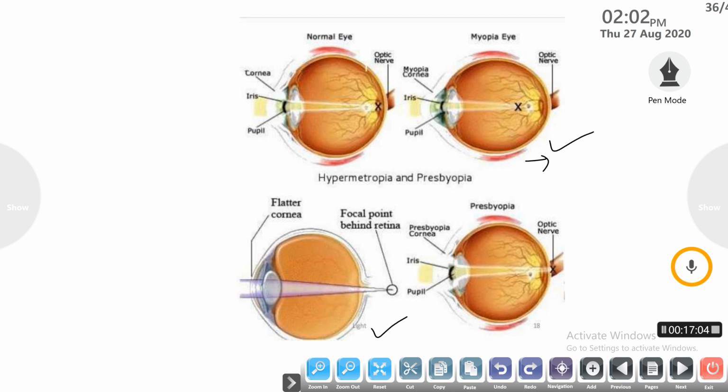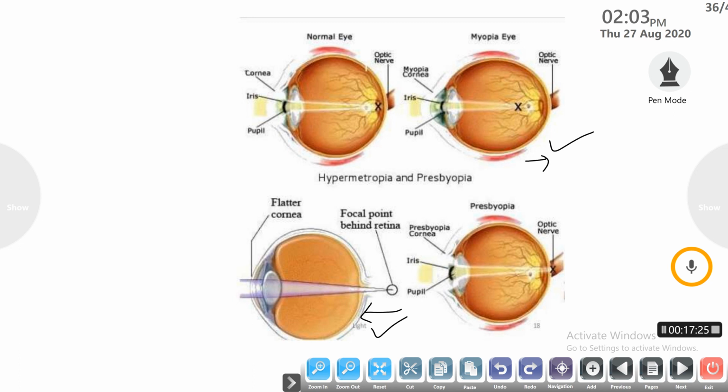And in case of hypermetropia, we can use a convex lens so that it can shift the image from behind the retina to the retina, so that image formation can be possible for the nearby objects. So these are some basic differences between myopia and hypermetropia.